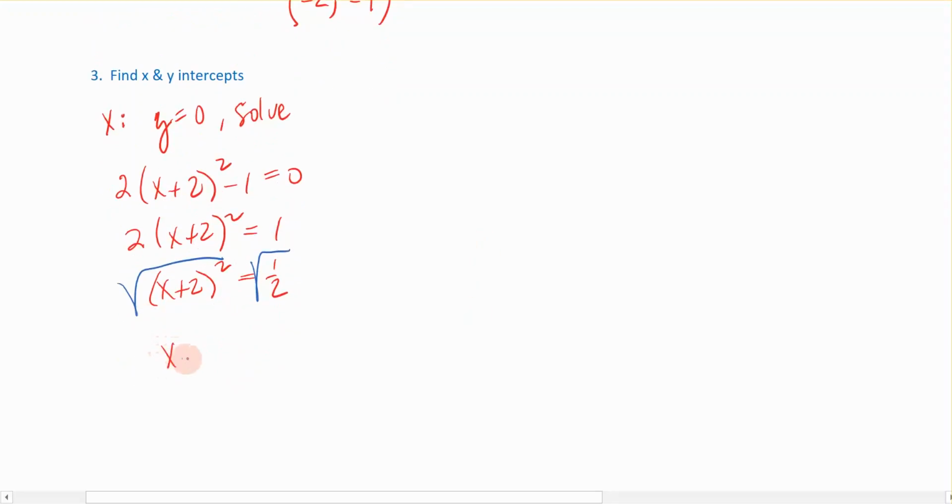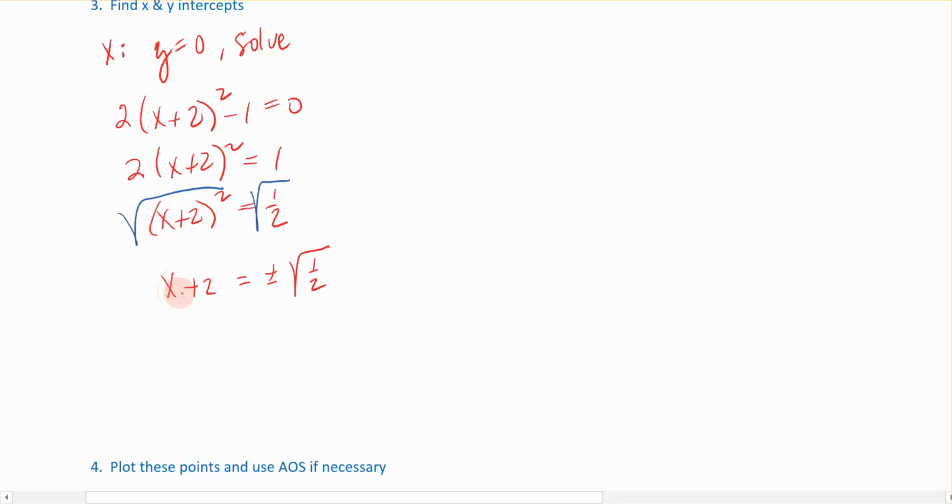That gives me x + 2 equals plus or minus the square root of 1/2. Now ultimately I'm trying to solve for x, so I'm going to subtract 2 from both sides and combine that with plus or minus the square root of 1/2.